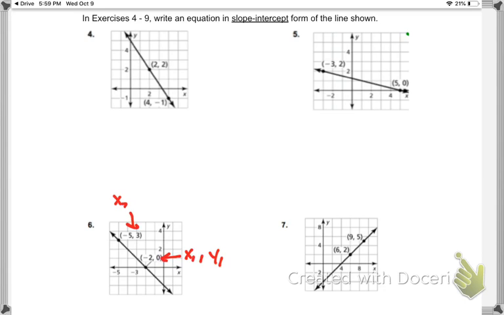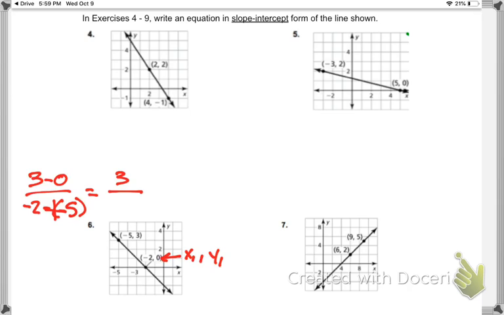This will be x2, y2. So I'm going to have 3 minus 0 all over negative 2 minus negative 5. When I solve that, that will come out to be 3 all over. We have negative 2, which will become plus negative 5.